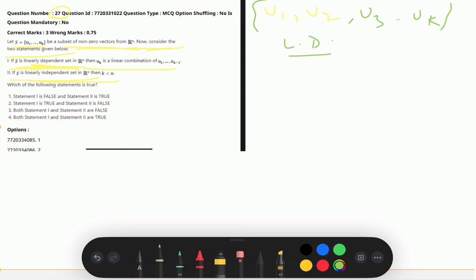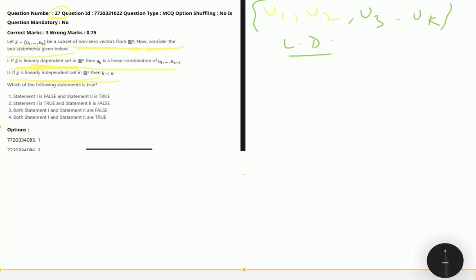So a linear combination like alpha 1 u1 + ... + alpha k uk equal to 0, where not all the alpha i's need to be 0. This is the definition of LD, right? So it is a linearly dependent set.